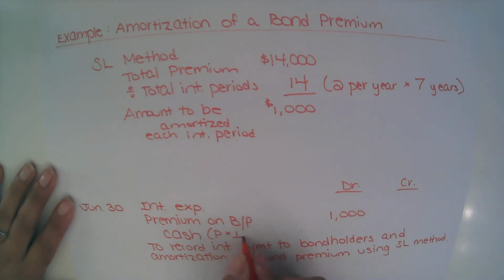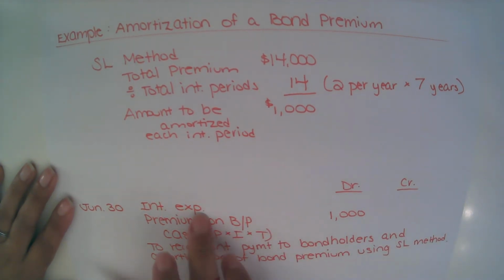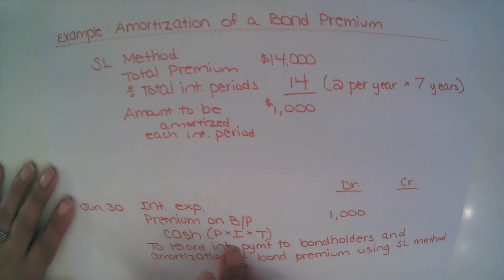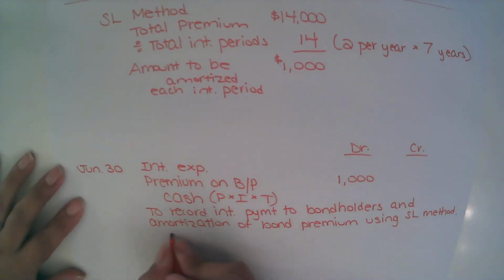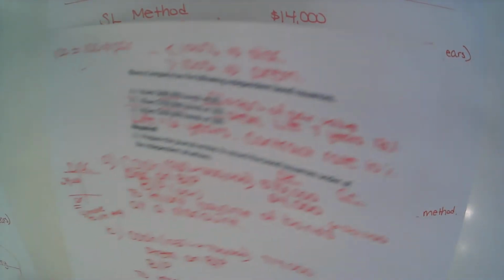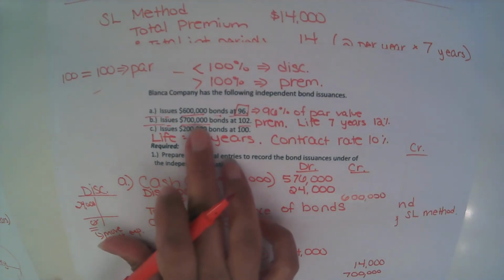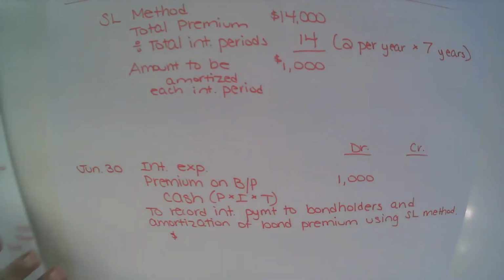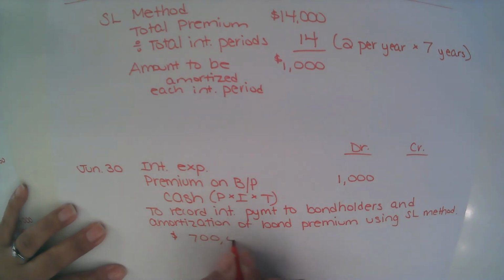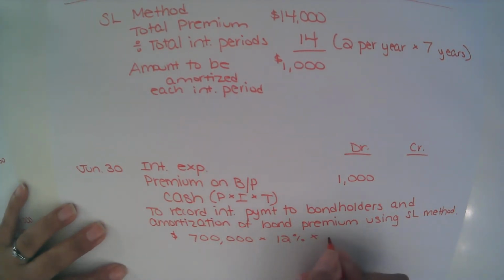Cash, your cash is always PIT, so I don't want you to think that it's your interest that's PIT, it's the cash that's PIT. Okay, P stands for your par value. Going back to B, our par value is 700,000. I gave you a contract rate of 12, and you assume it's paid twice a year, every 6 months.